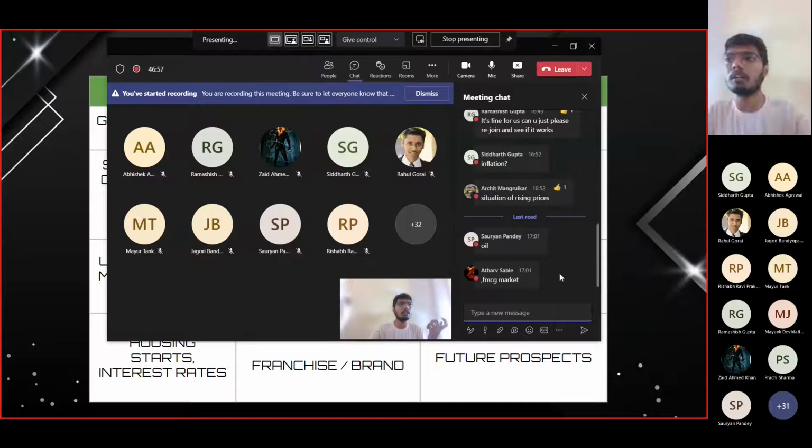But in the first week of March, India announced that they will buy oil from Russia. India also took advantage and bought all the oil at a discount. Suppose I don't know the exact prices of oil, but suppose it's 500 units, then India imported it at 400 units. So that was a benefit for the Indian oil stocks.